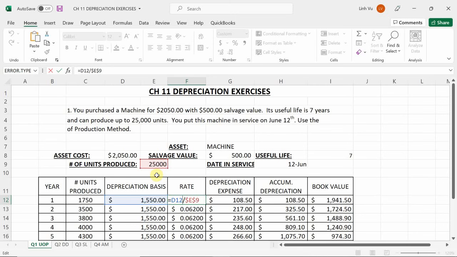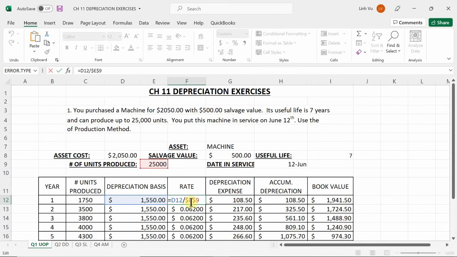So the formula for this one, to solve for my per unit rate, is my depreciation basis divided by my total number of units that I can produce, aka my capacity. So in this case, I'm going to take my depreciation basis of 1550 and divide it by my 25,000.